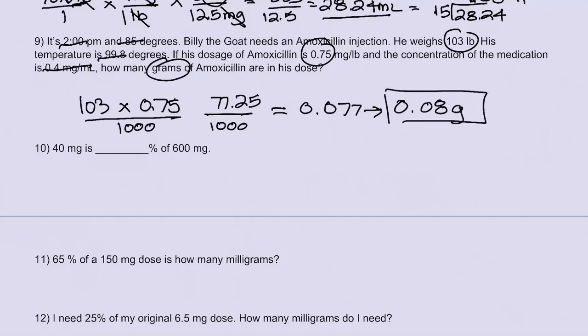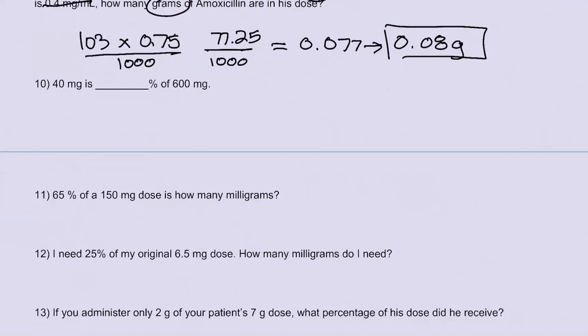All right, number 10. 40 megs is what percentage of 600? So this one is pretty simple. So you are just going to go ahead and do 40 divided by 600. So I lost my place here.